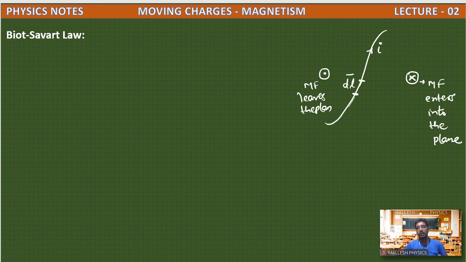It is carrying current I. Now I want to find the magnetic field at point P, which is at a distance r from this element, and which is making an angle theta. This distance we take as r. Here theta is the angle between r and dl. Okay, right.